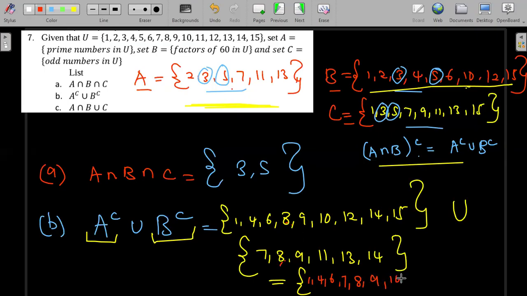Then I have 10, 11, 12, and 13. 14 is there in both, so I write it once. And then I have 15. So what I've listed here is my A complement union B complement.